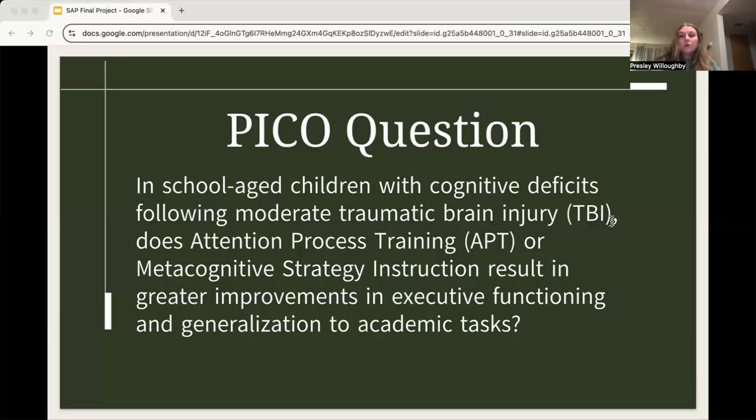Academic reintegration requires not only basic attention, but also higher level processes such as self-monitoring, task planning, and cognitive flexibility. And for this reason, both foundational attention and metacognitive strategy use are relevant, which makes APT and MSI useful interventions to compare head to head.